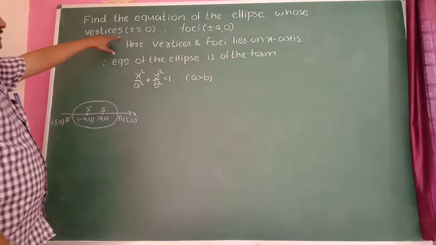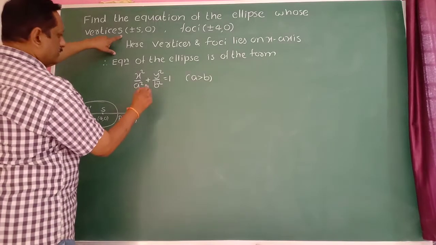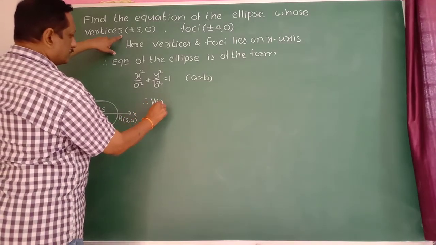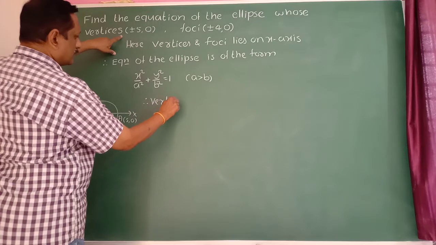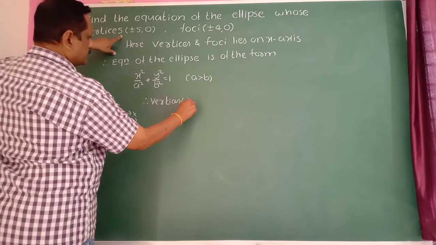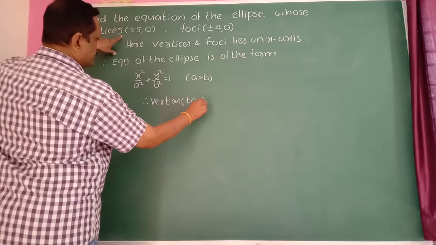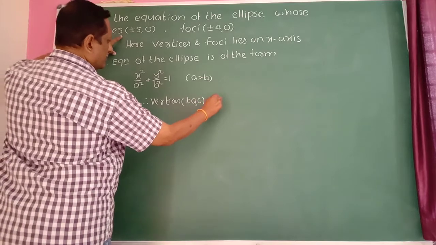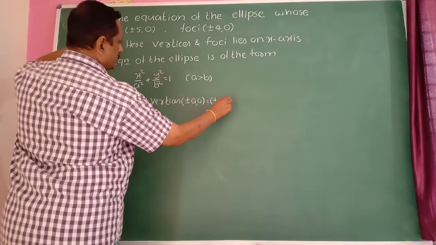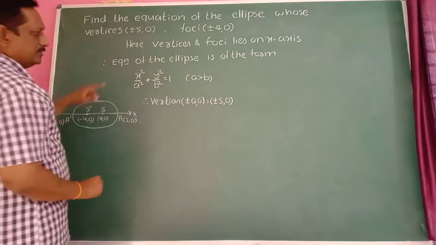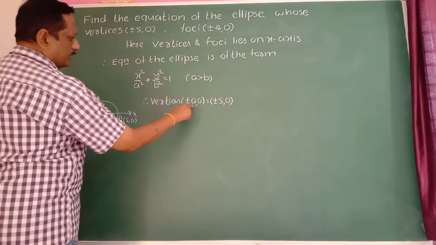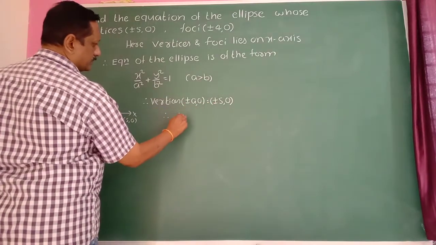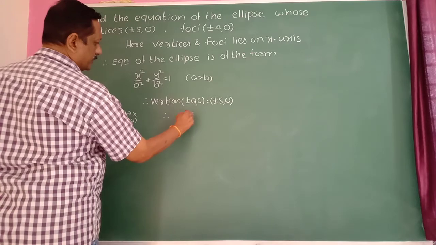Therefore, the vertices given here, plus or minus a, 0 is equal to plus or minus 5, 0. Therefore, here the value of a is 5. A is equal to 5.